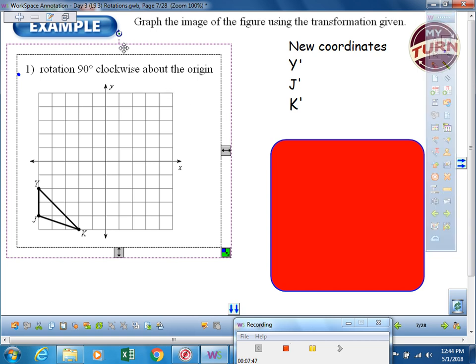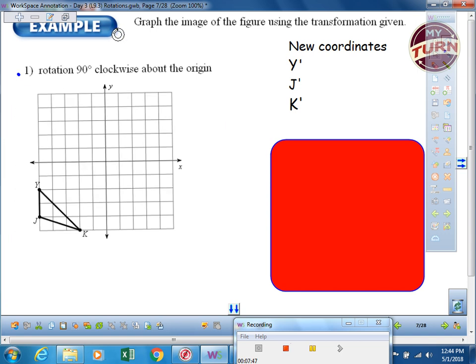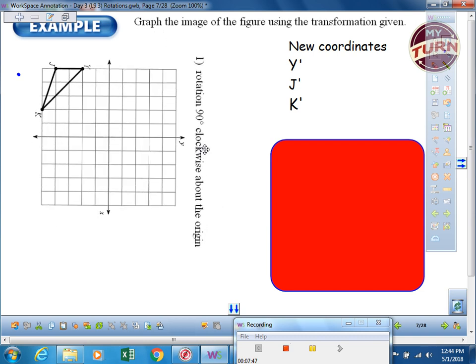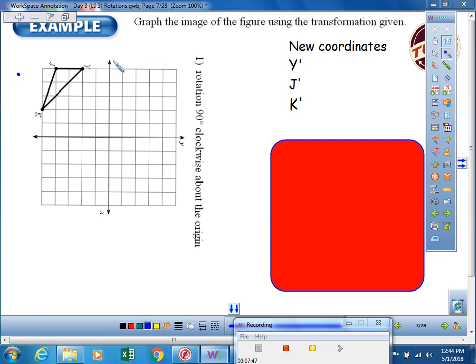All right. So, take your paper and turn it 90 degrees clockwise. Okay, your paper should now be like this. Now you're pretending, guys, that this is your y-axis, this is your x-axis. We're going to write these ordered pairs. So put Y prime, and what is Y on the ordered pairs?